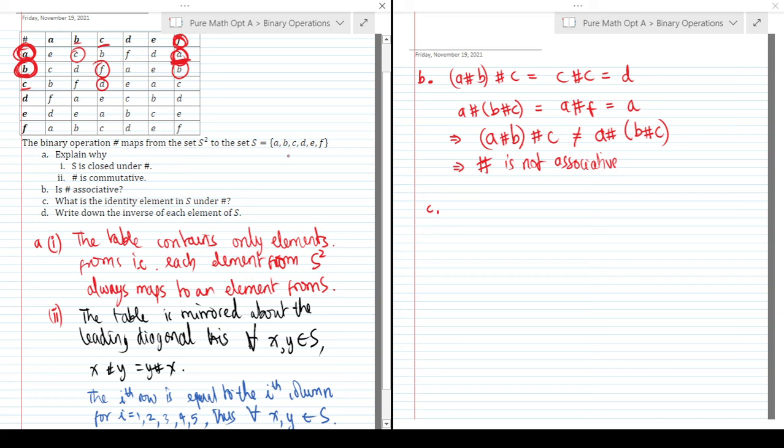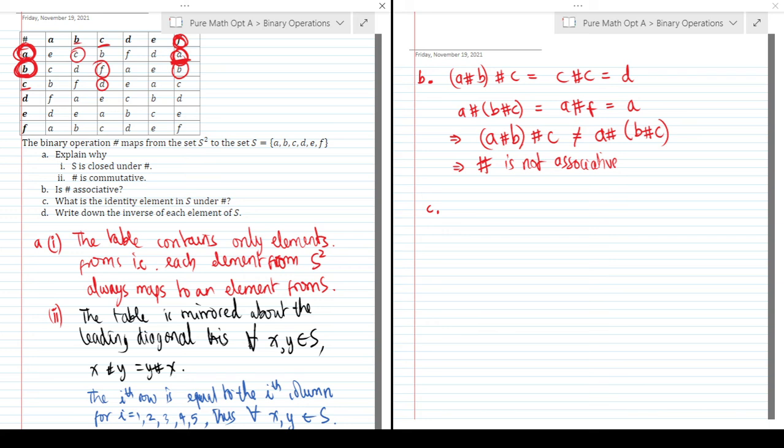Now, identity also has to be a set-wide property. The identity is a singular fixed element from the set, so it has to work for every member of the set. Now this set here is finite.